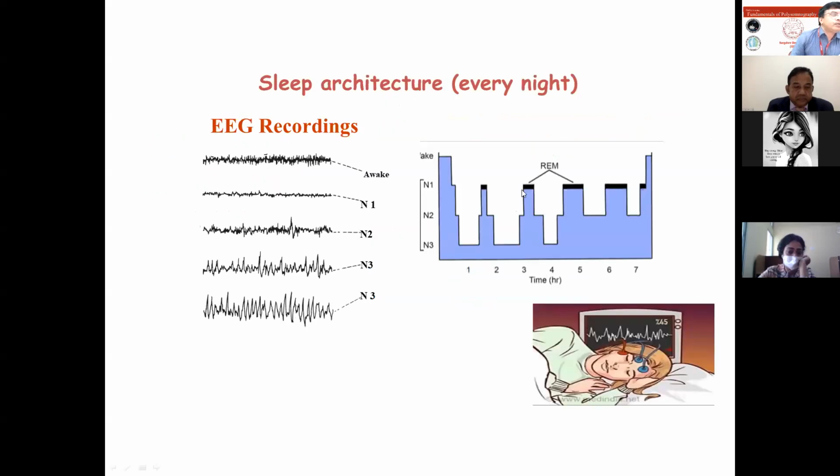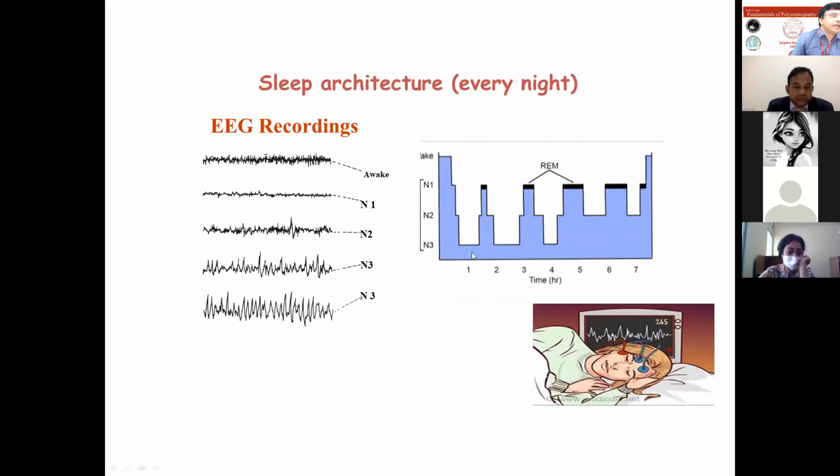As we know, human sleep has been broadly divided into NREM sleep and REM sleep. In turn, NREM sleep is divided into 3 different stages, N1, N2, and N3. N1 and N2 are called lighter sleep stages.